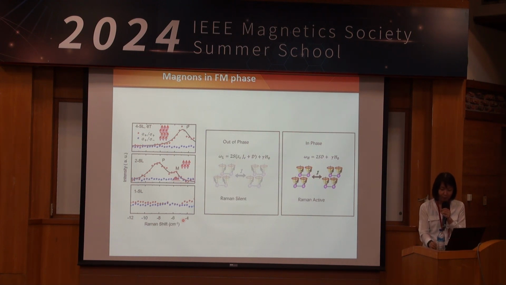There are only certain modes that are active in Raman spectroscopy. We couldn't measure magnon in a single layer of this material, but we can measure magnon in 2 layers. That's important because 2 layers is the thinnest material where it still has a non-trivial topological electronic band.